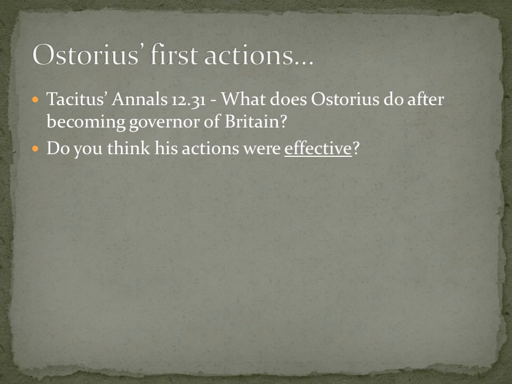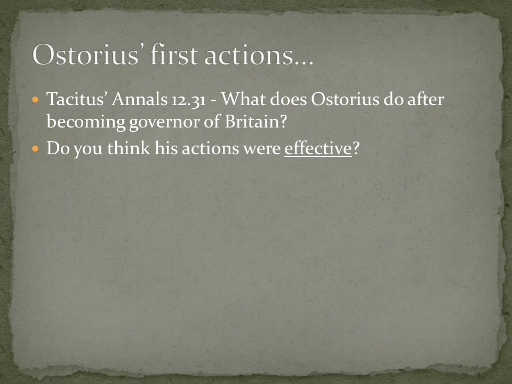Now, Tacitus in his Annals tells us that includes the Iceni. Now, the Iceni, we know, were a client state, and so they object to what they see as this insult against them, and revolt against Ostorius. Ostorius puts this revolt down very swiftly.